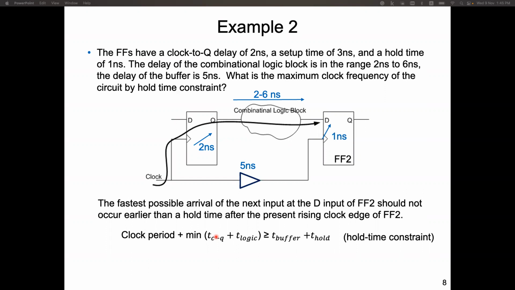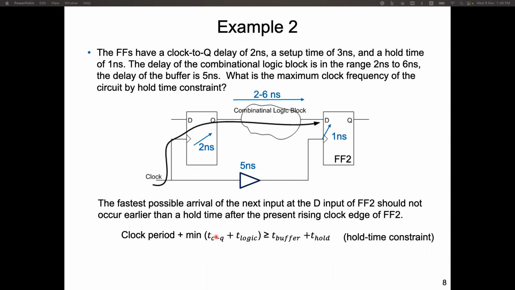But because of the buffer, we have a certain delay here. And now there's a hold time after this rising edge, the hold time is this.